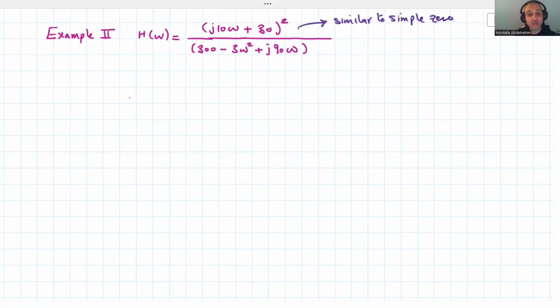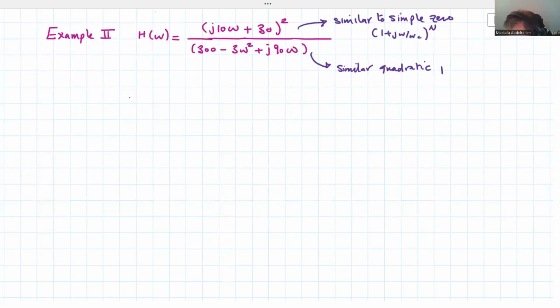What was the standard form of a simple zero? 1 plus j omega over omega c, to the power of n. n here is equal to 2, clearly, but we don't know omega c yet. And that guy here looks similar to a second order quadratic pole, with n equal to -1, or n equal to 1 because it's a pole.